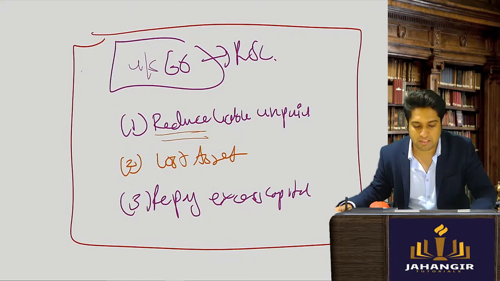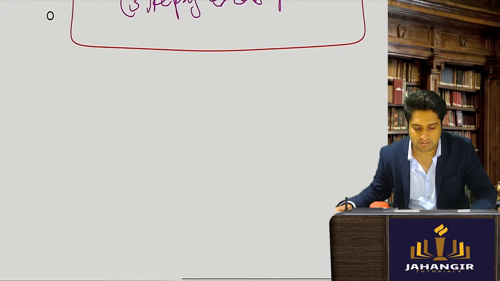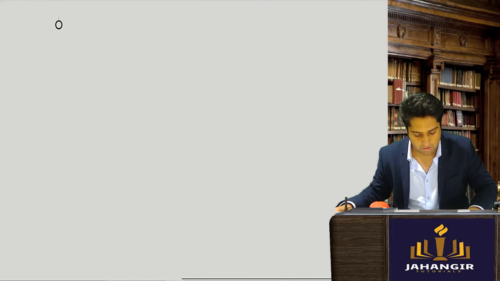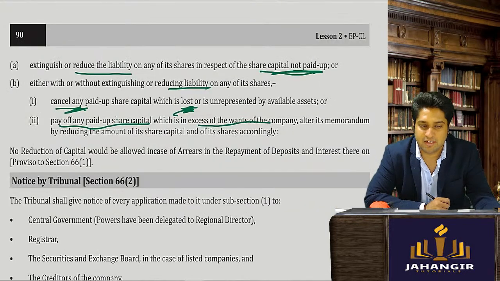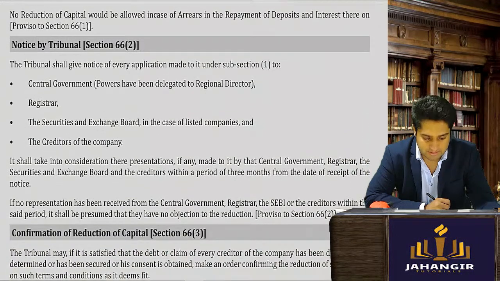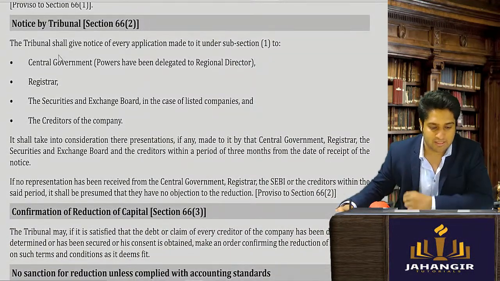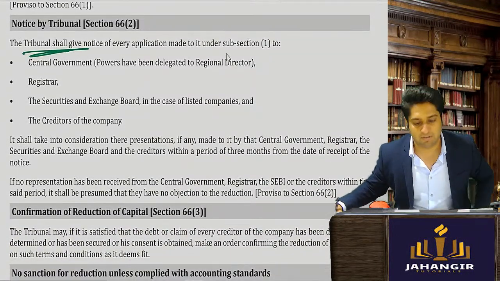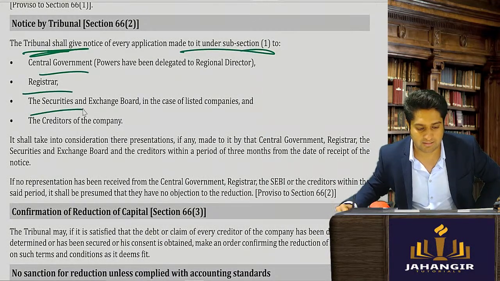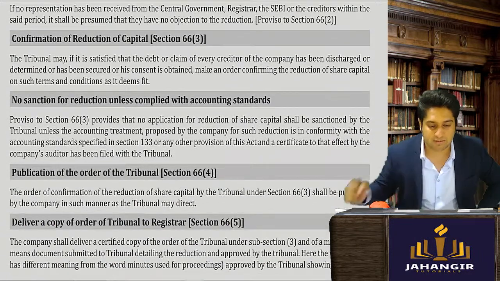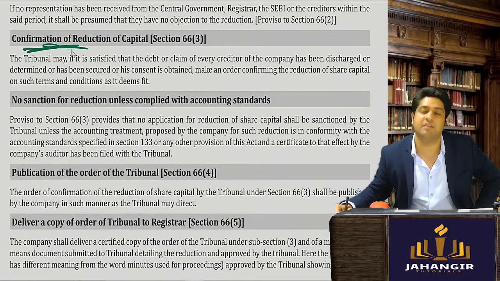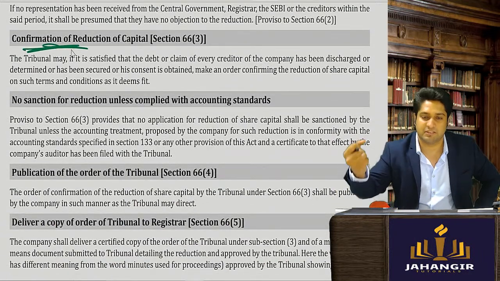Obviously it is not a good sign when the company is reducing its share capital. This is mostly when companies are in some financial difficulty. When you go to the tribunal, it will ask all the authorities, the registrar, SEBI, etc., if they have any objection. The tribunal will then, after listening to all the parties, pass an order.